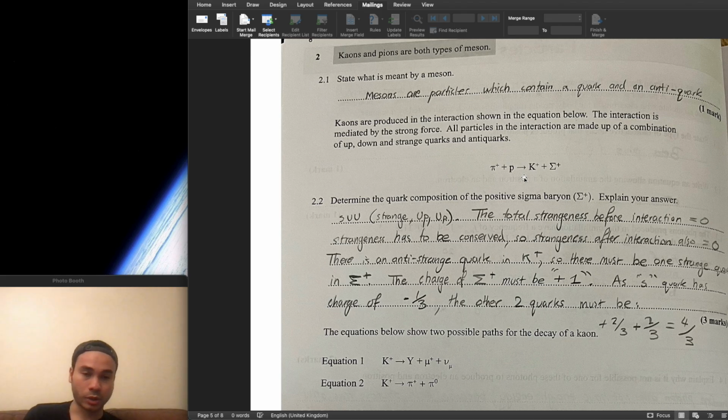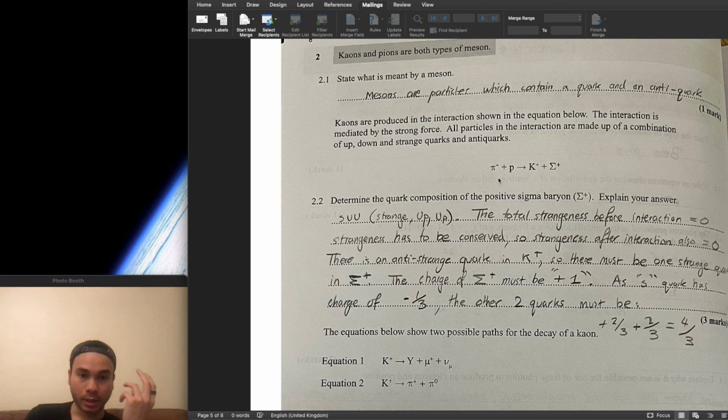Actually, sorry, that's a pion, so there's no strangeness before the interaction. So we've got to cancel out the strangeness after it's produced, because strangeness has got to be conserved in this particular case. There is an anti-strange quark in the K plus. If you have memorized the hexagon, you will know that. So there must be a normal strange quark in the sigma baryon.